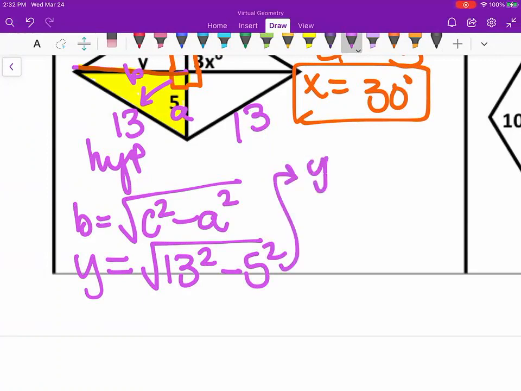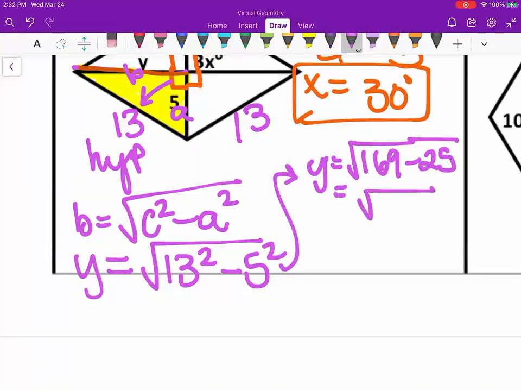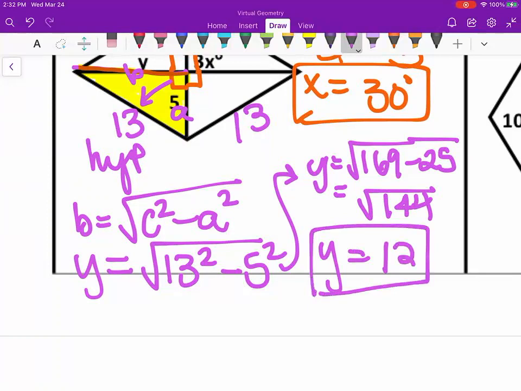Okay, so y equals the square root of 169 minus 25, which is the square root of 144. And so my y is equal to 12, because that is a perfect square there.